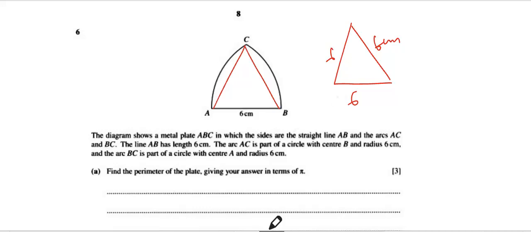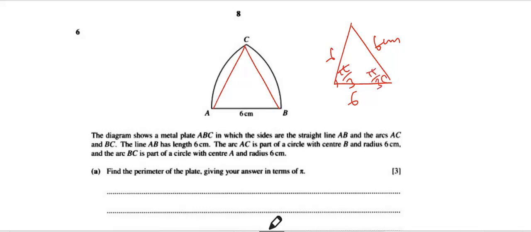According to the information we are given, this is an equilateral triangle. All sides are equal, right? So it means here is pi over 3. Here is also pi over 3.